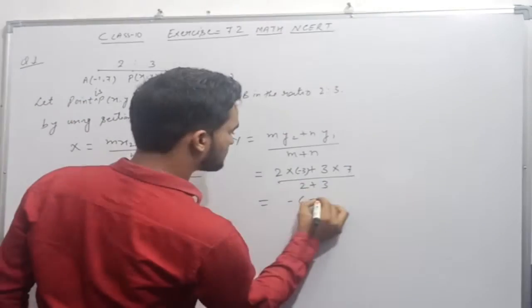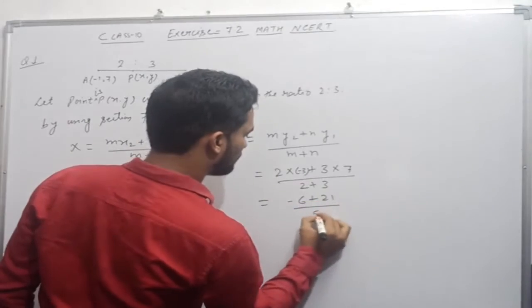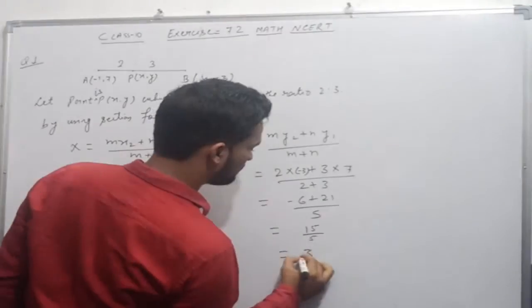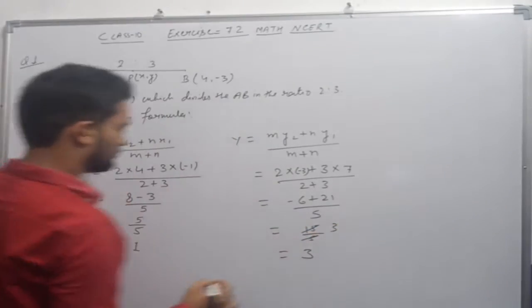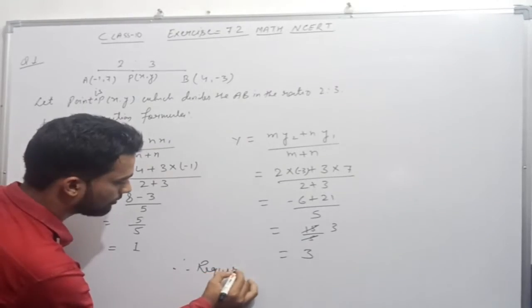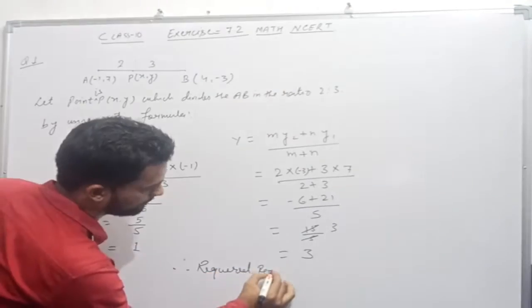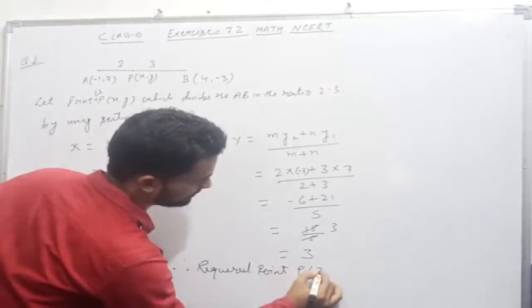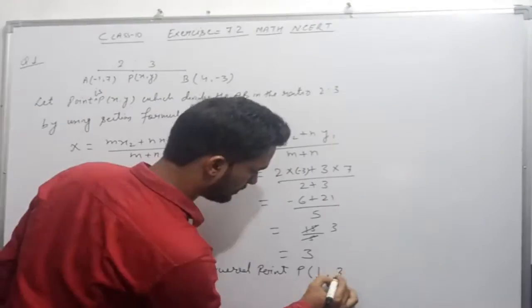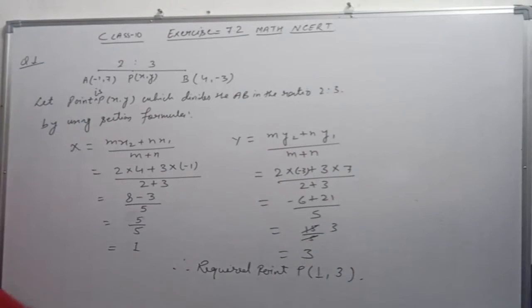So this will be minus 6 plus 21 upon 5, which is 15 by 5, which will give 3. So therefore the required point P is (1, 3). This will be your answer.